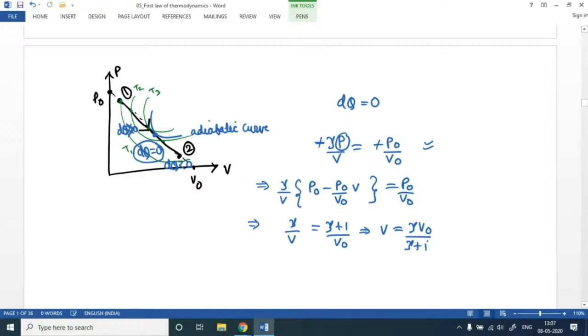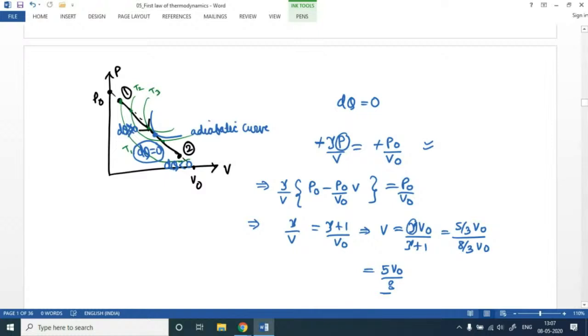In the question, it has been given that the gas is ideal monoatomic. So the value of gamma for a monoatomic gas is 5 by 3. So the answer here would be nothing but 5 V naught by 8.